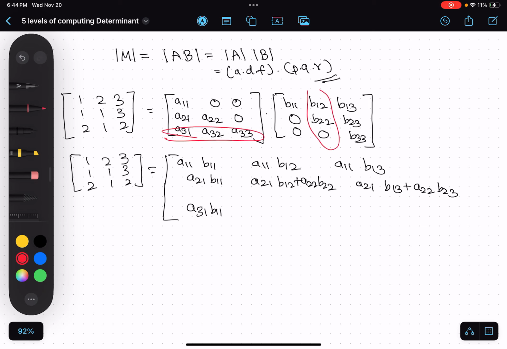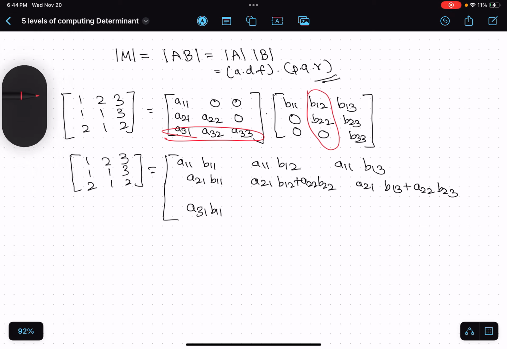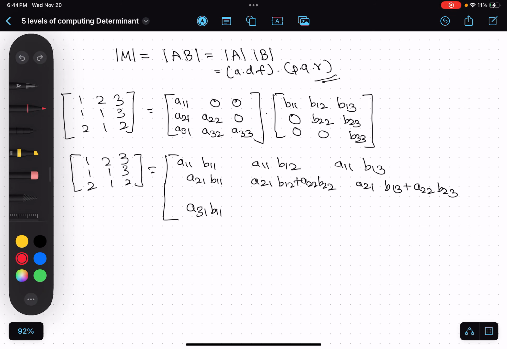Third row with second column, A31 B12 plus A32 B22.